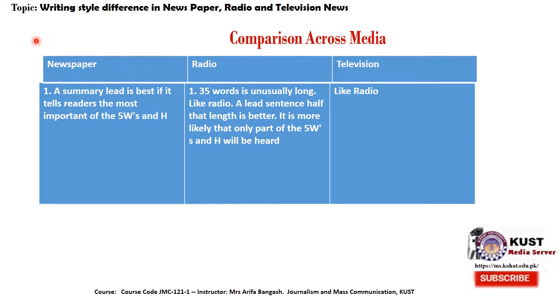So, in a newspaper, we can define the lead as follows: a summary lead is best if it tells readers the most important of the 5 W's and H, like who was involved, what happened, where, when, why, and how it happened. However, including all 5 W's and H will clutter the lead sentence. The less important elements are reserved for the following sentences.